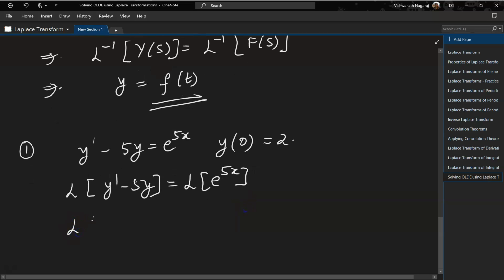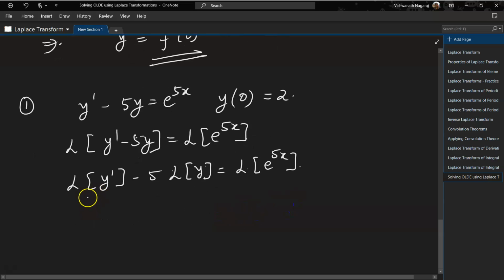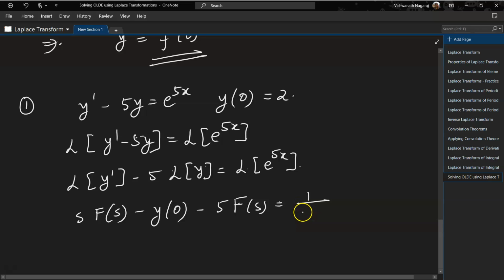Okay, now this we can split it up. Laplace of y prime minus 5 times Laplace of y is equal to Laplace of e to the power of 5x. Okay, now Laplace of y prime is, let's say, s times f of s minus y of 0, minus 5 times Laplace of y, that would be f of s, is equal to, now this we know from the table, this would be 1 by s minus 5.